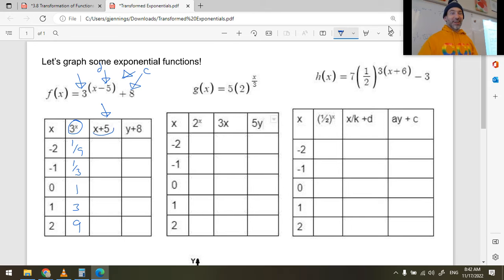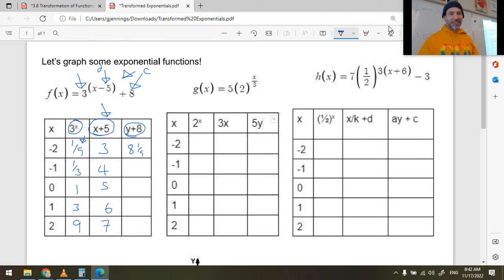Yeah. So I take my x values and I add 5. Thank you very much, Ella. I got so excited to do this. And then we take our y values and add 8 to our y values here. 8 and 1/9.